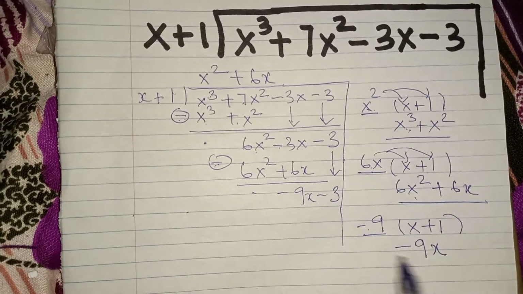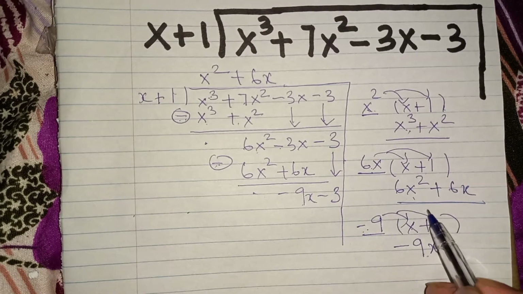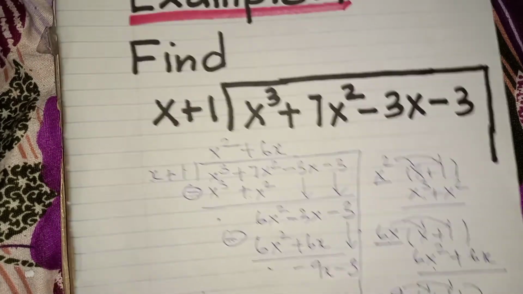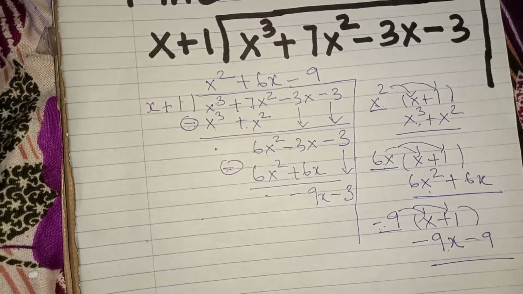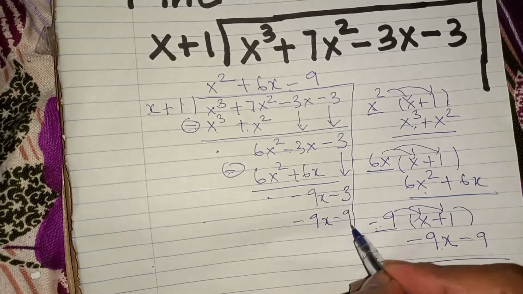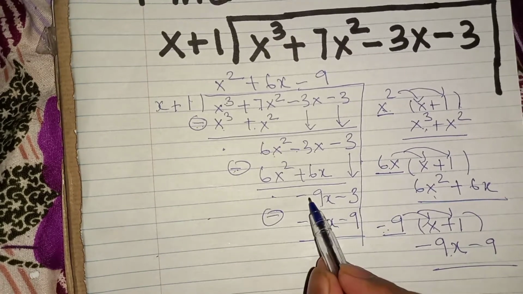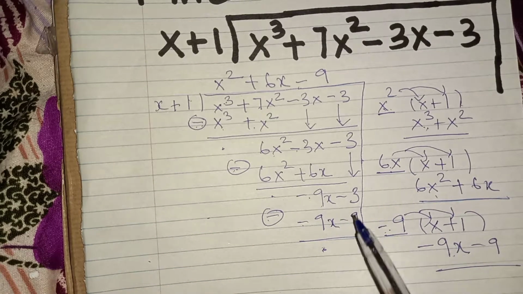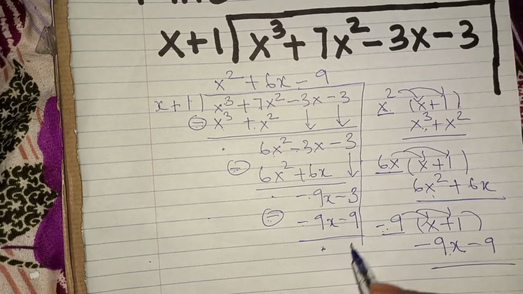Minus 9. Minus 9 times x gives me minus 9x, and when this is multiplied you get minus 9. So minus 9 goes up here, and minus 9x comes here with minus 9. Subtract them again. Minus 9 minus minus 9 gives you nothing, and minus 3 minus minus 9 gives you a positive 6.